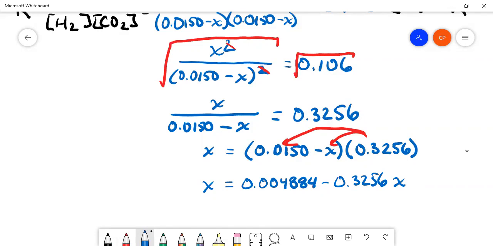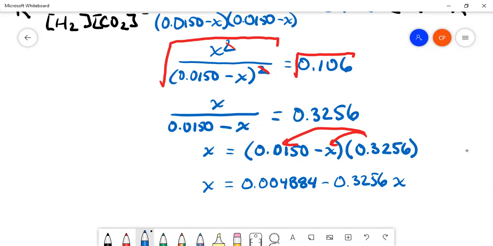That way I make sure I'm not losing information to rounding error one way or another. With 0.0150 and 0.106, my ultimate result's going to be 3 significant figures. But in all the intermediate steps, I'm keeping 4 significant figures around. Okay?